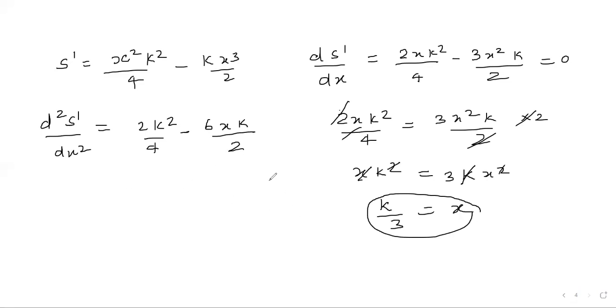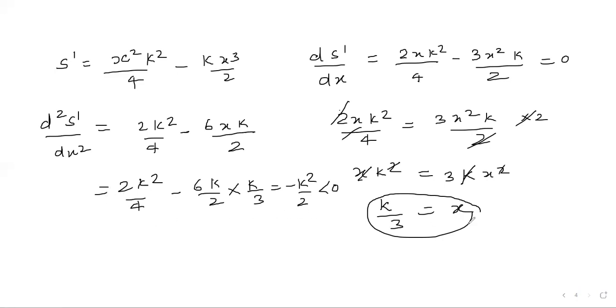Now we put x equal to k by 3. So when we put x equal to k by 3, 2k square by 4 minus 6k by 2 into k by 3, this will come to be minus k square by 2, which is less than 0. Hence, we say that function is maximum.